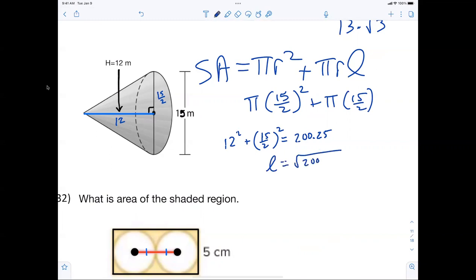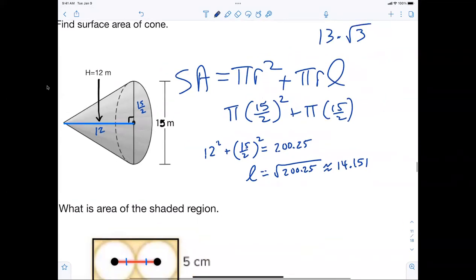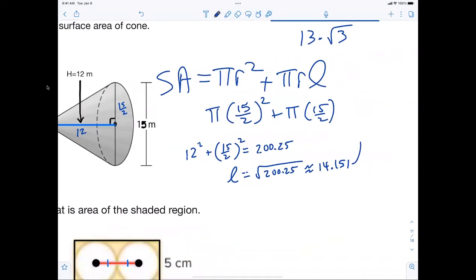All right, we'll just go ahead with that. Say it again. 14.151, usually it's to 3 decimal places. All right. So that number goes right in here.